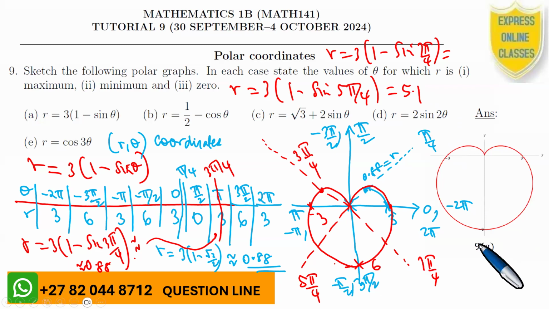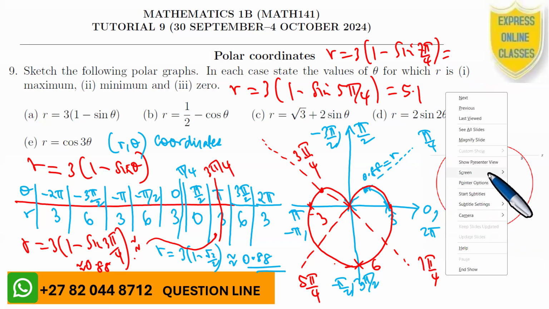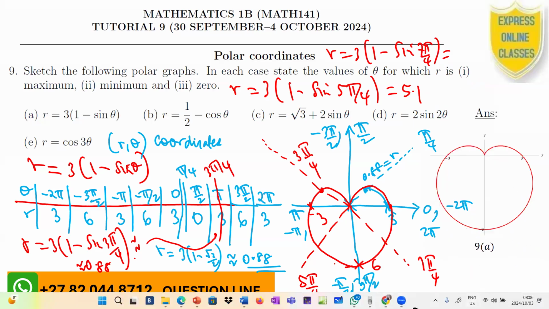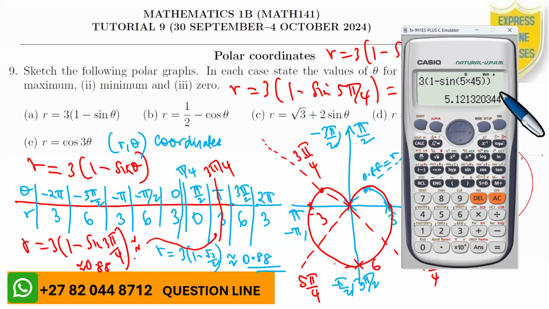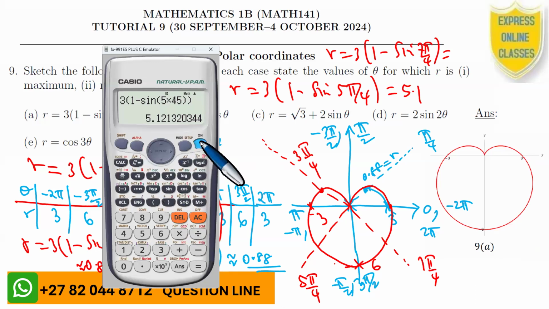And then the 7 pi over 4 would be what? Okay, yeah, I can see the time is after 8. So, if you look at the 7 pi over 4, then you have the sine of that.